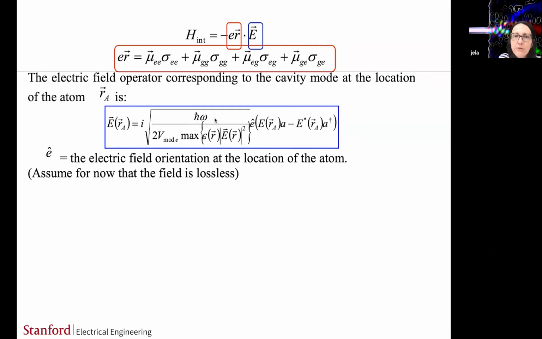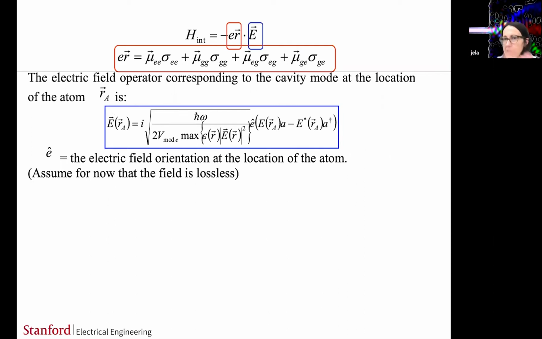So now if you introduce the electric field operator, keep in mind that this electric field operator is only for one specific mode of the field, okay? The arbitrary electric field operator that I wrote had a sum over all possible modes in the system. But if I have a two-level atom with a specific transition, then in most cases only one mode of the electromagnetic field will be the one that can interact with that atom.